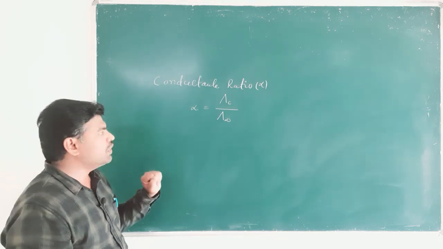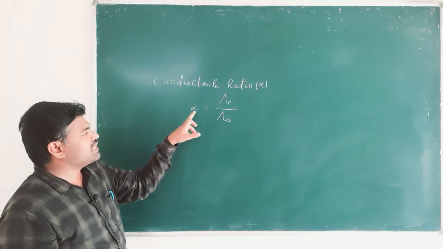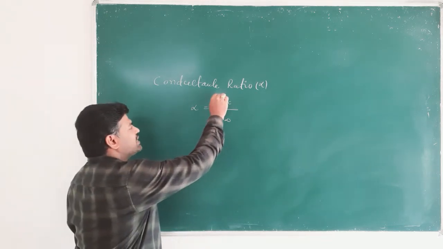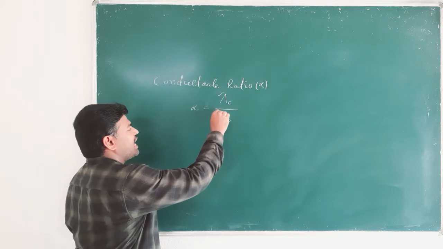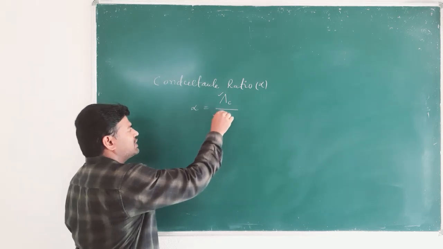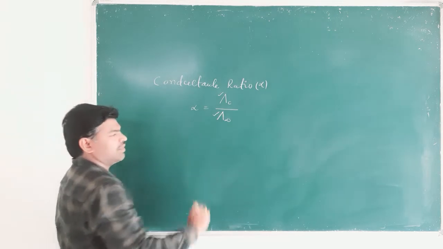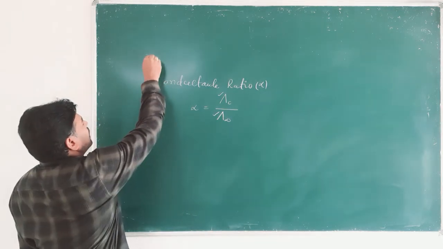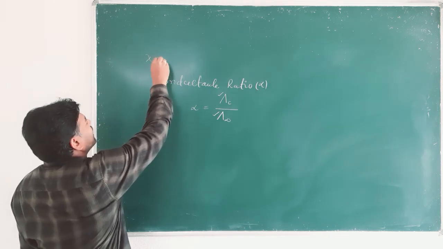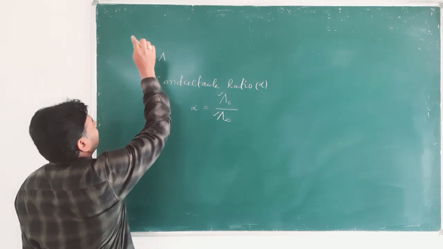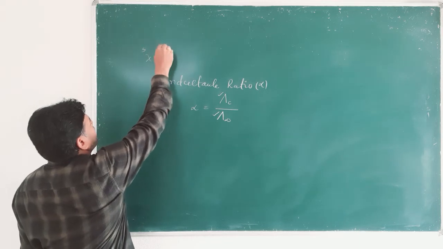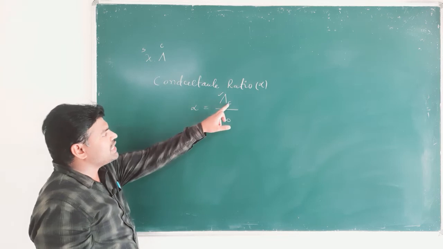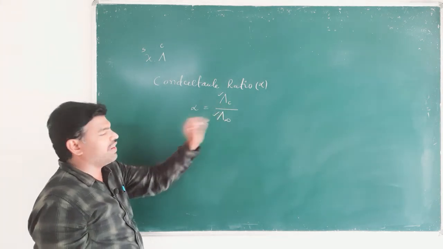In order to understand it, we should know what is lambda c and what is lambda infinite. In Greek this is the small lambda and this is the capital lambda. So lambda c by lambda infinite.